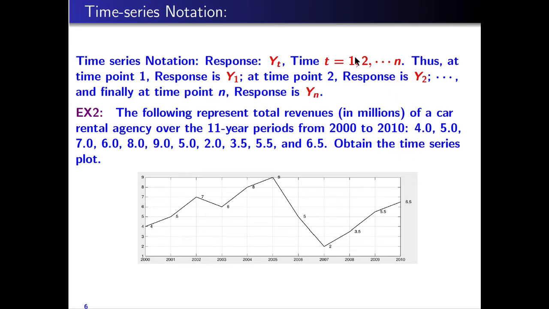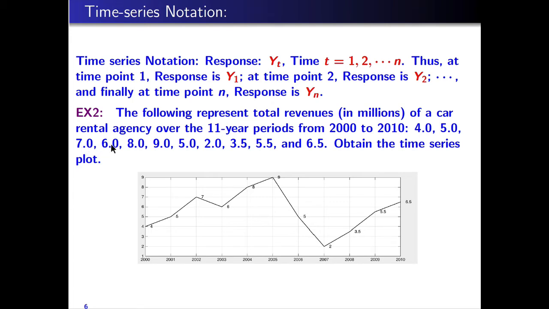So first, we need to use this notation yt to represent our data. So for 2000, this is y1 equals 4. For 2001, y2 equals 5. For 2002, y3 equals 7.